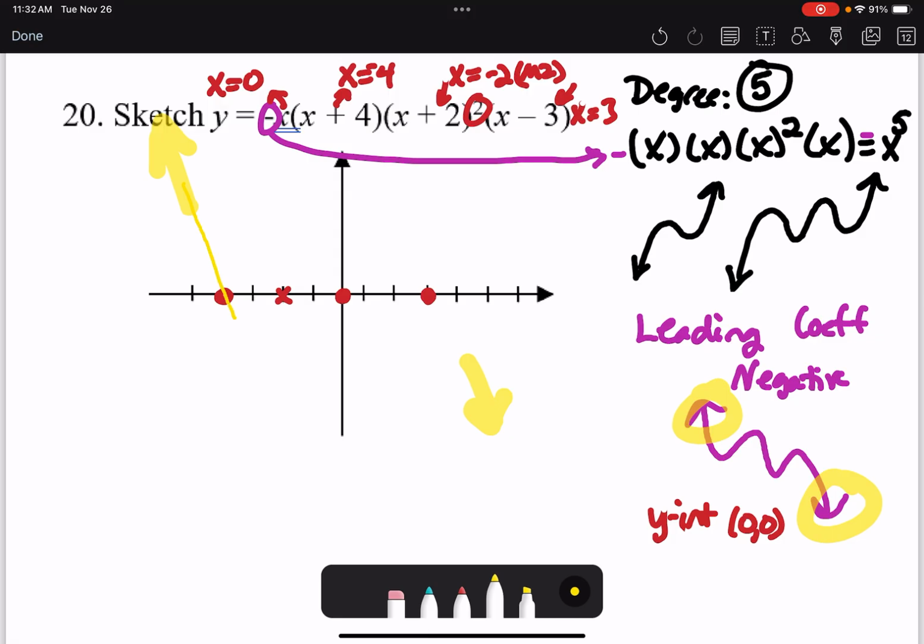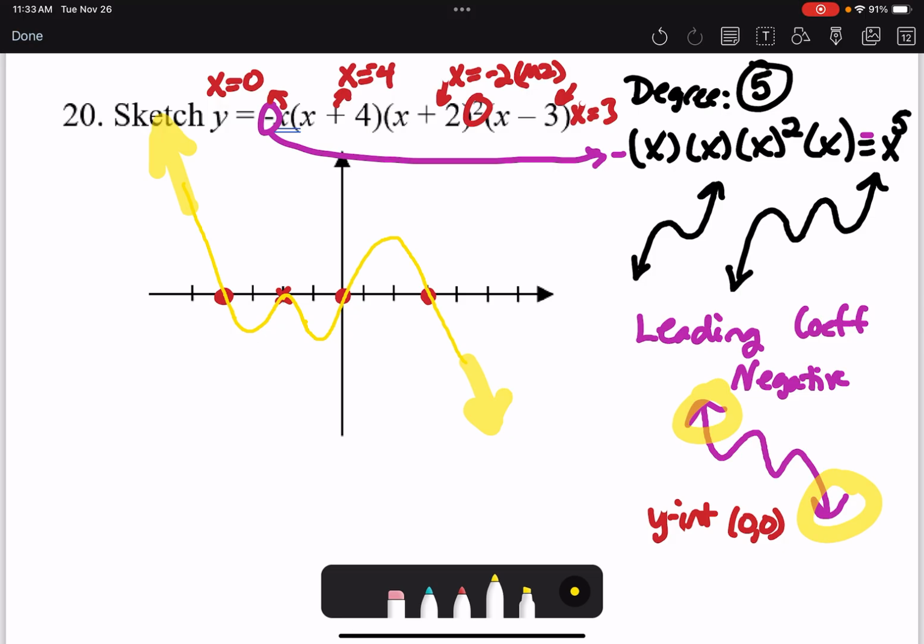The x-axis is going to get crossed by the graph because of the multiplicity of 1. I also know that here at -2, we touch the x-axis because there's a multiplicity of 2, so it should look like a parabola. And this one, we're going to go through again, multiplicity 1, and this one we're going to go through again and look something like this.